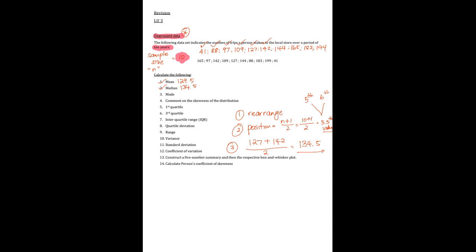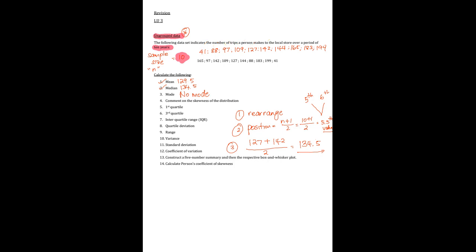So you're just going to write down, like I am here, that there is no mode. So that's question 3. It's as simple as that. If you find that there is no number that's repeated, there is no number appearing more than once, then all you have to do is state that there is no mode.